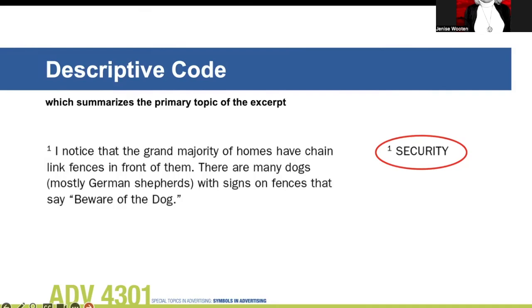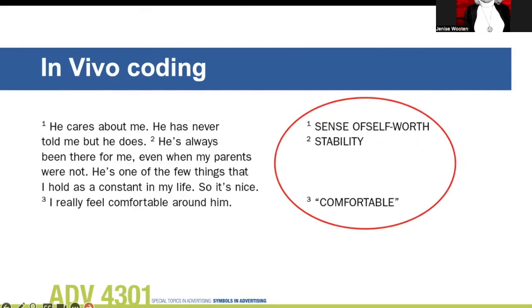So in this case, it's just a descriptive code, just one word that basically sums up the whole paragraph. And this is from the researcher. They're doing an observation of the setting that they are in. And so they have decided that all of the things that they're seeing is that security is a really big thing in this area. And so security is the word that they chose in order to describe that paragraph.